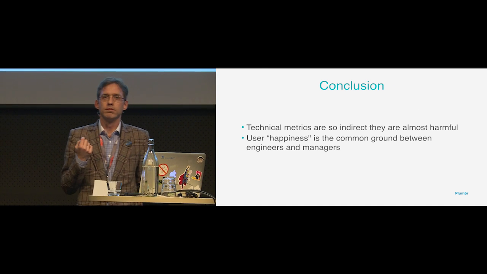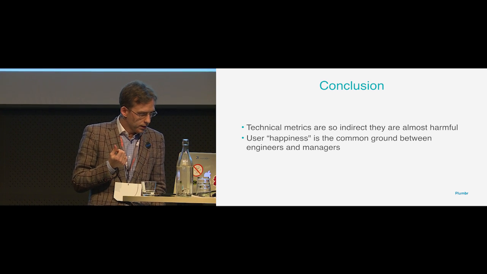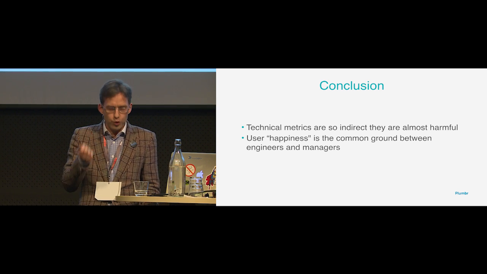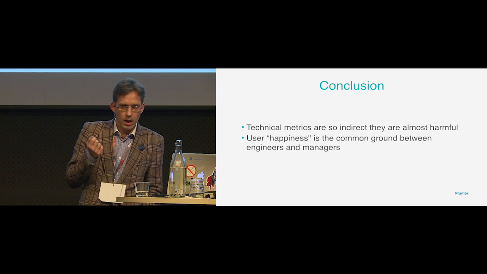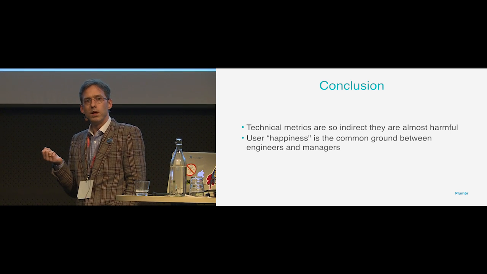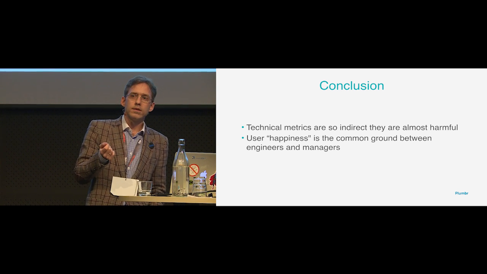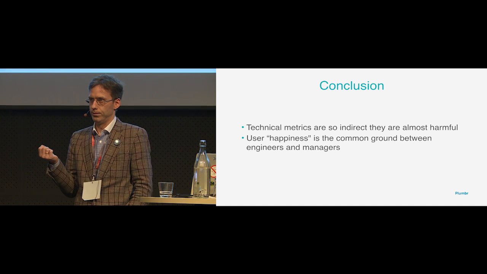The point of my talk today was that you should collect technical metrics, of course, but never use them to drive your decisions about whether your application is good or bad.